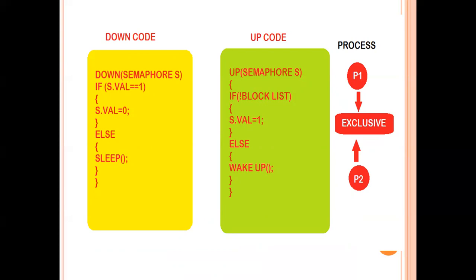So it says that if the block list is not empty, then the value of semaphore will be 1. Else, see, whenever a process is in the block list, it first comes into the running list and then it gains access. So else a wake up call is given to the process that is presently in the block list.